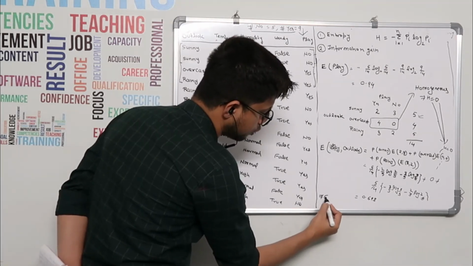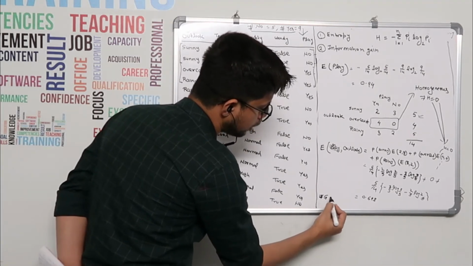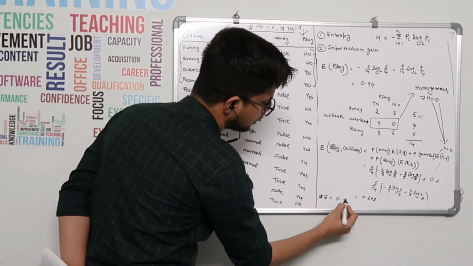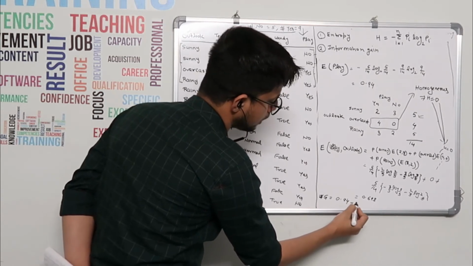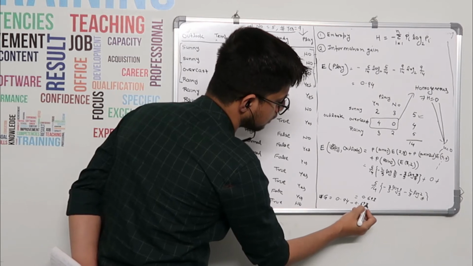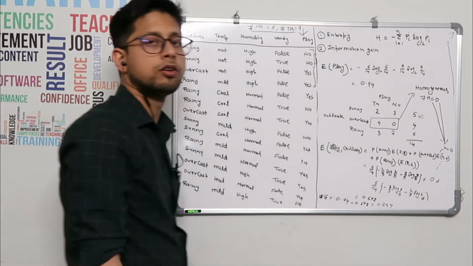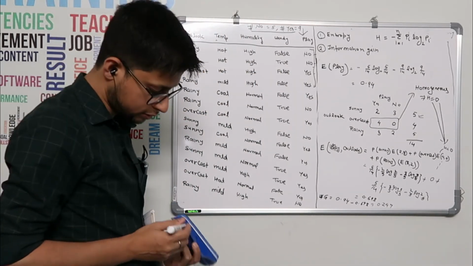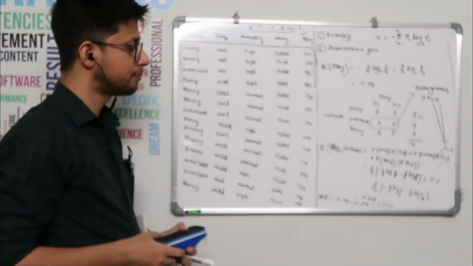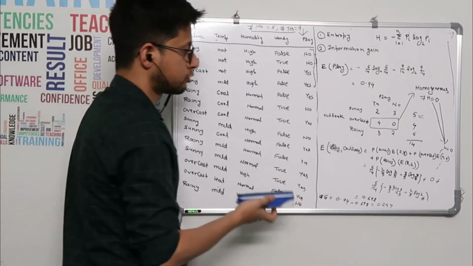So what will be the information gain? IG will be the reduction. First it was 0.94 minus 0.693, and it will come to 0.247. This is what you get after solving. I'm rubbing this out so that I can proceed further.